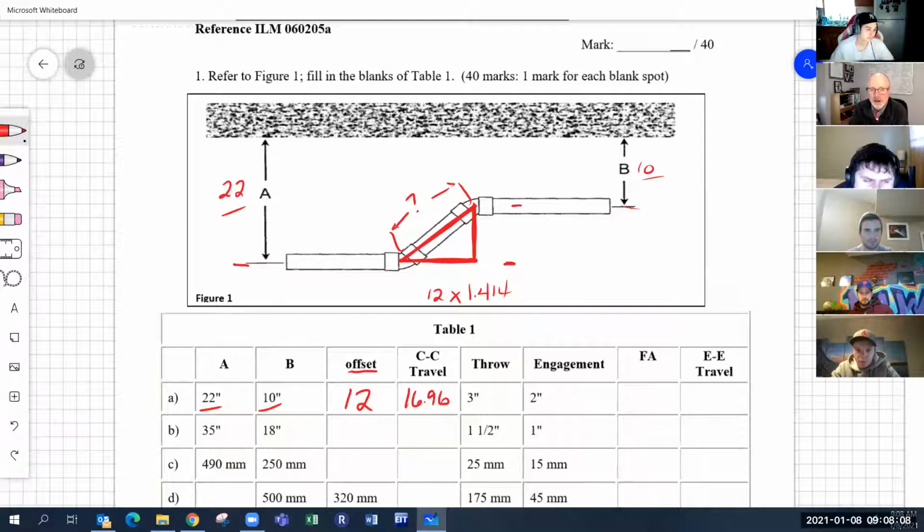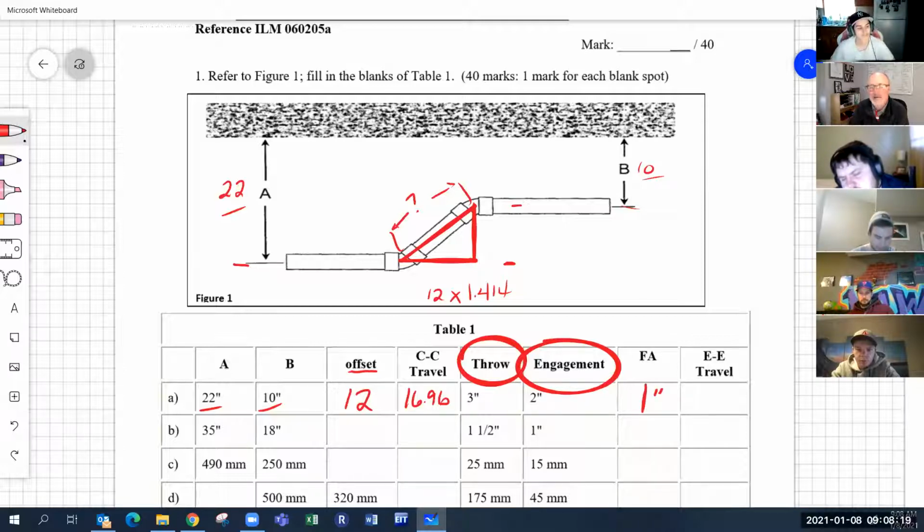Now, you guys should already know that the throw minus the engagement is equal to the fitting allowance. That's a little throwback from first year as well. Now, we could use our IPT trade handbook to actually account for this, but I'm giving you these numbers just for math's sake.